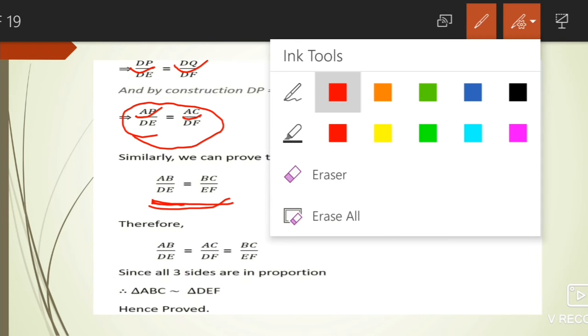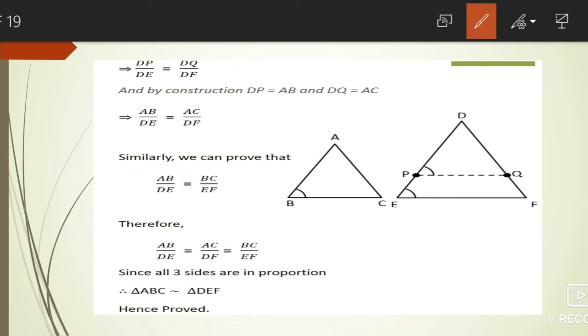Now if you erase all this, in the construction you have drawn this PQ, right? How have you drawn this PQ? You have taken this measurement AB and cut it from here, and taken this measurement AC and cut it from here. Now if you change this construction, that means if you take the measurement BA and cut it from point E, and take the measurement BC and cut it from this side EF, and join this line, you can similarly prove that AB by DE is equal to BC by EF by the same procedure.